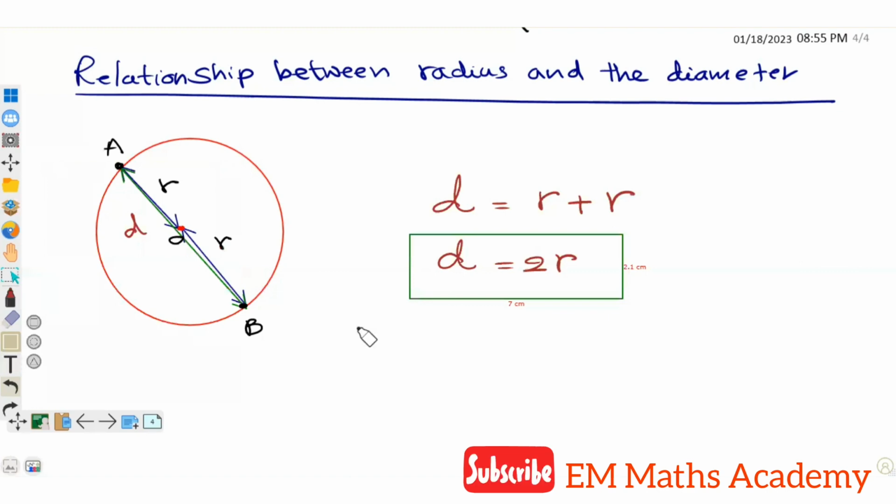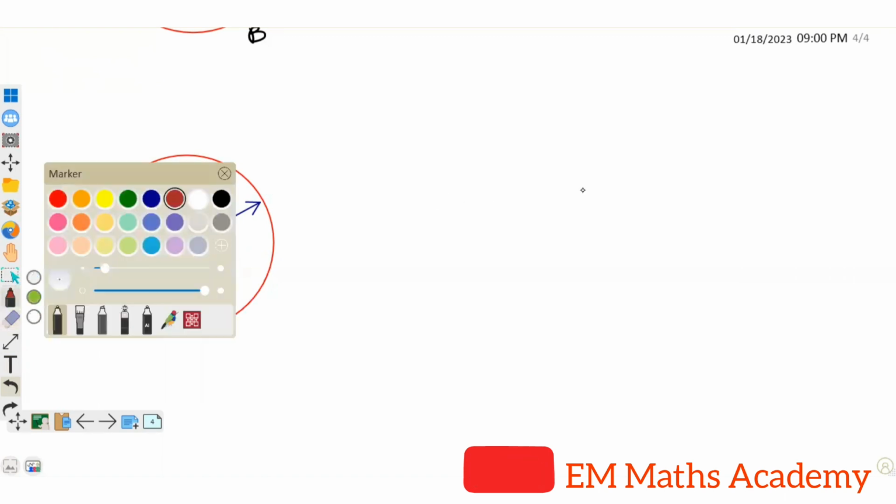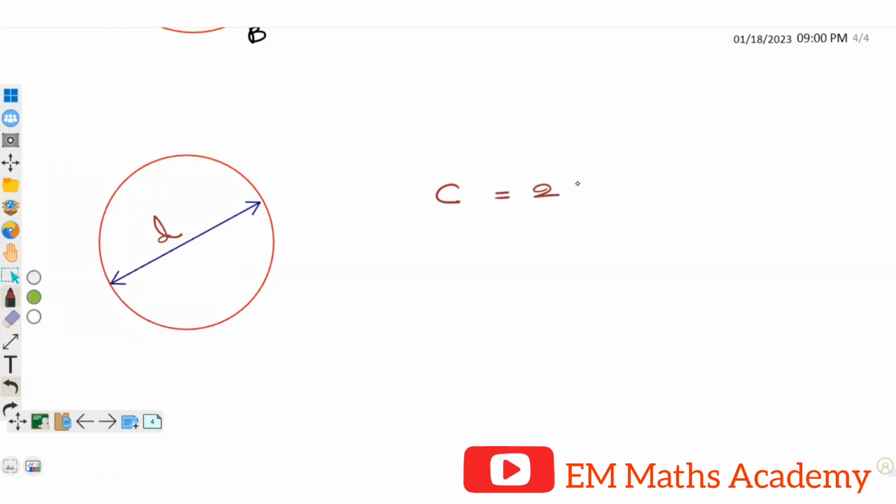Okay, write down this one. D, this is the diameter AB. Then circumference can be obtained. C is equal to 2 pi R. No?